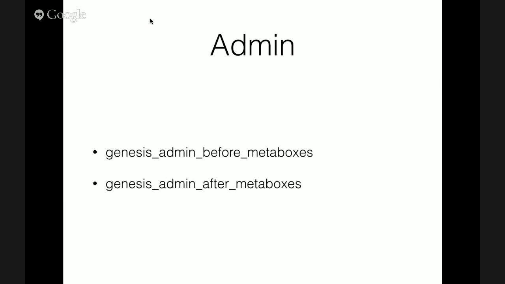So on the settings page for Genesis, you can add your own little banner box before the meta boxes or even after the meta boxes. This could be something useful like contact information if you're a developer and you want your client to be able to access you. They can just easily go to their Genesis settings. You can have your own information or information about the theme itself. So these hooks are available for that.